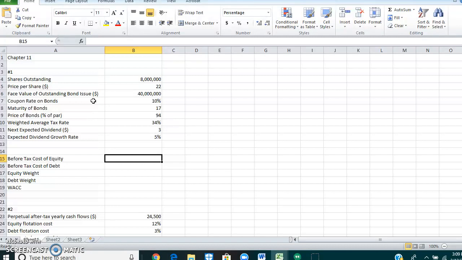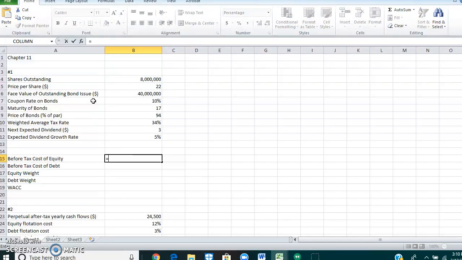So, how do we figure the before tax cost of equity? Well, that's the easiest one. That is the next expected dividend divided by the price per share plus the expected dividend growth. So, first thing we do is we have an equal sign because that tells Excel to do math for us.